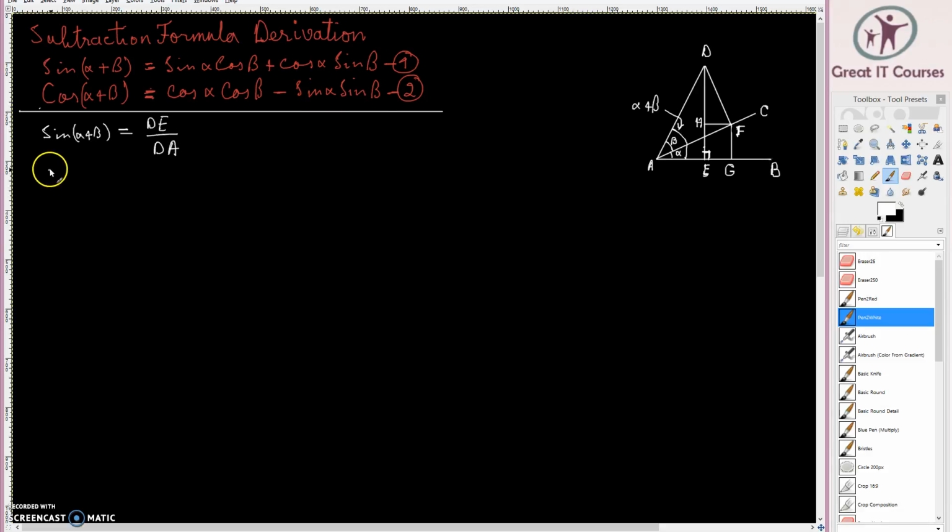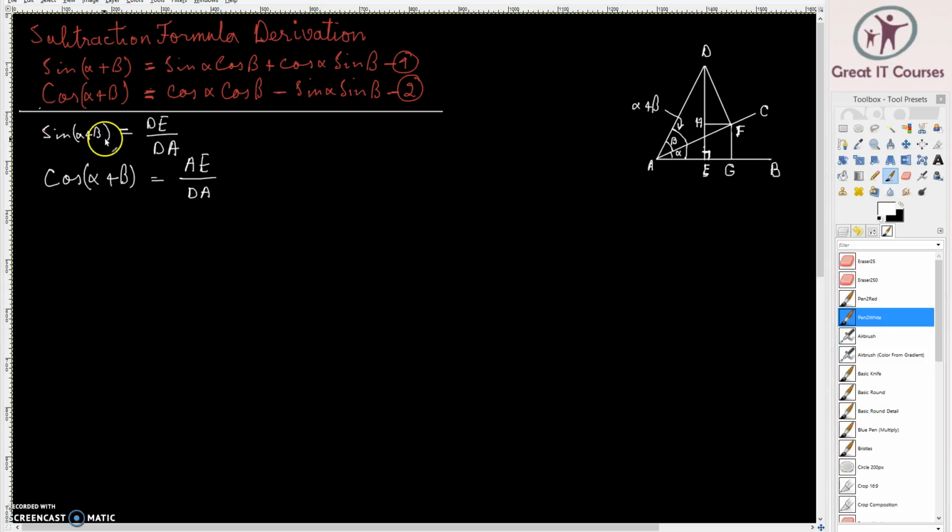And cos of alpha plus beta is the adjacent, which is AE, divided by the hypotenuse, which is DA. So that's sine alpha plus beta and cos alpha plus beta.